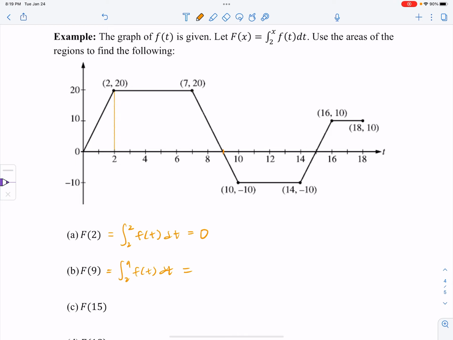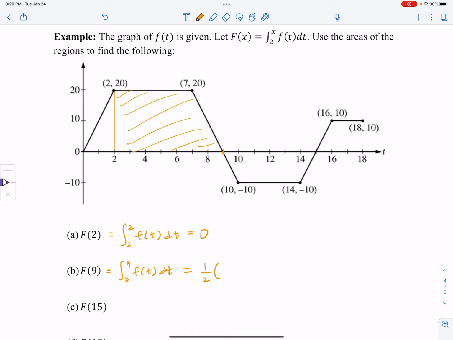So we can think about finding the area of this trapezoid, which would be 1/2, or you can split that into a rectangle and a triangle and add those areas together.